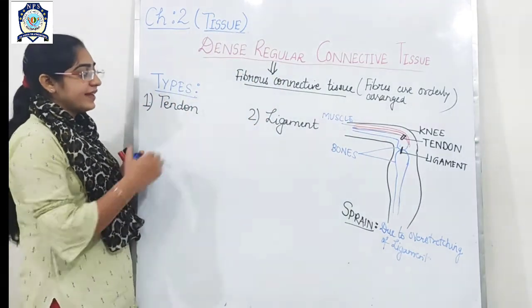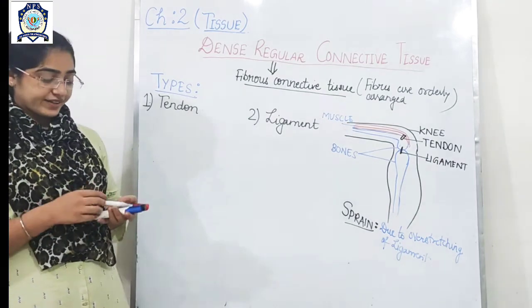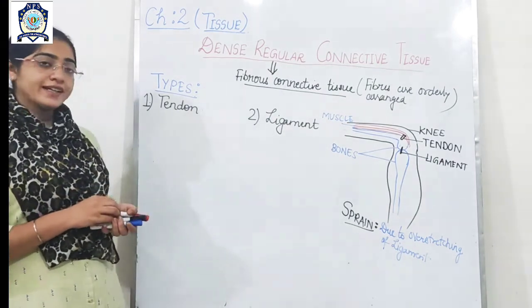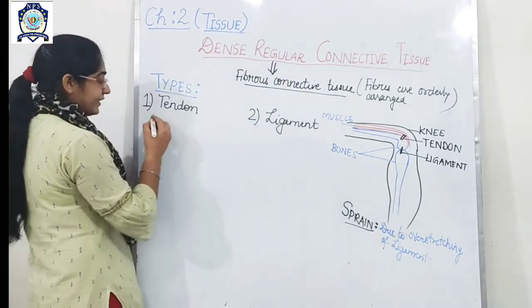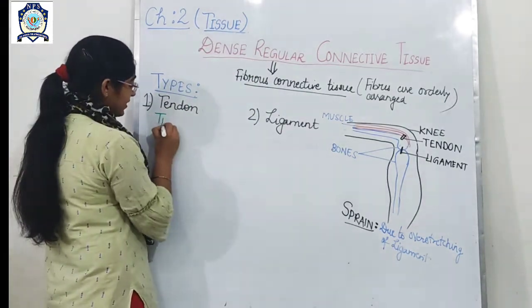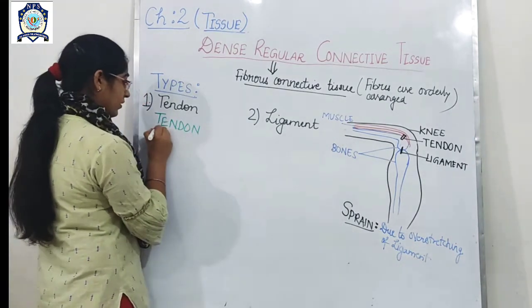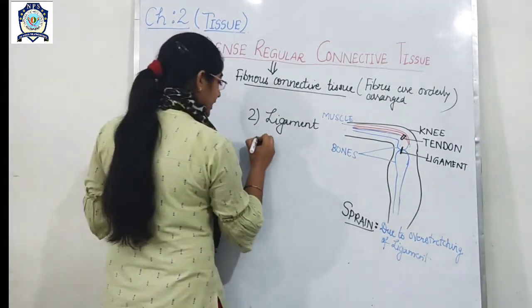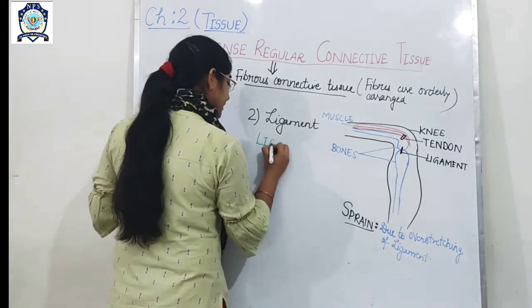Now we will study in detail about the tendon and the ligament. So we will differentiate both. At one side you will write tendon, on the other side you will write ligament.